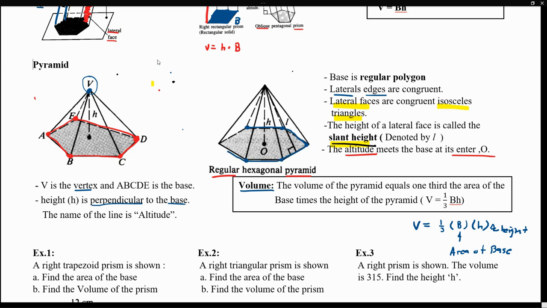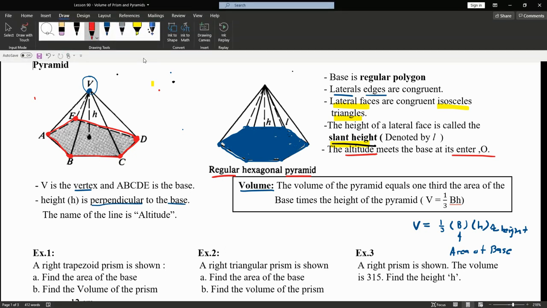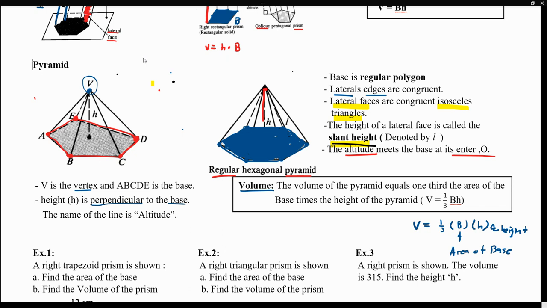So if we're able to identify the base, and more importantly, if we're able to find the area of this base, and we multiply this by the height, that's all we need.